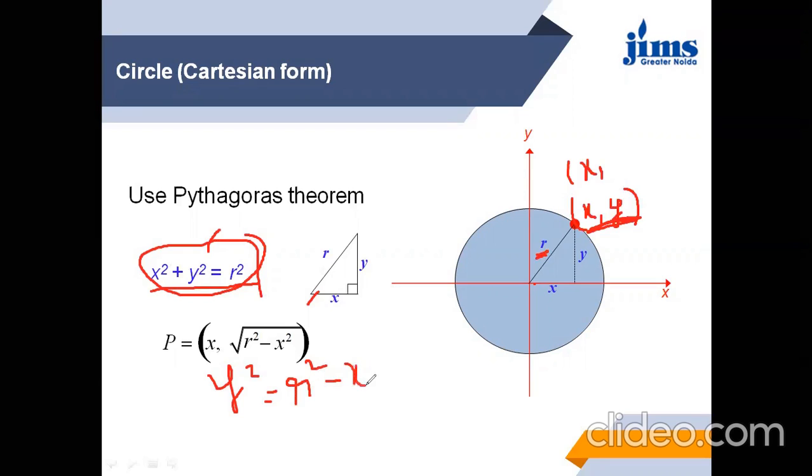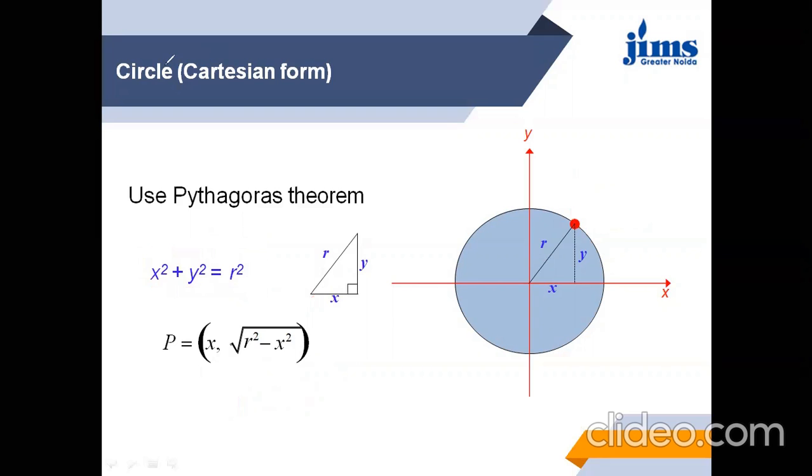And to find the value of y, I have to take the square root. This is the value I wrote, in the form of x and y pixels, by replacing the value of y in terms of x.